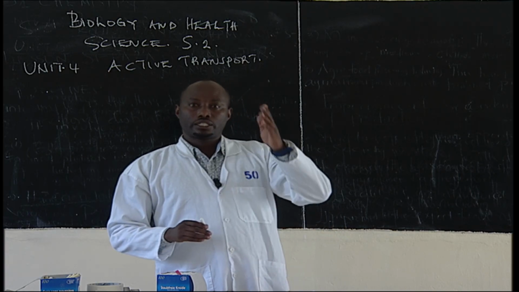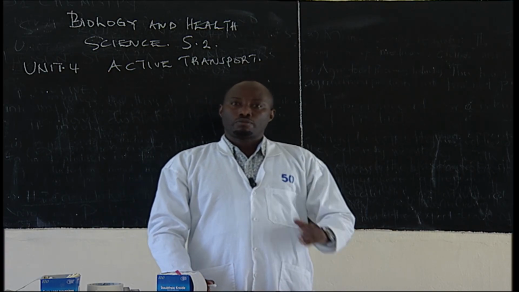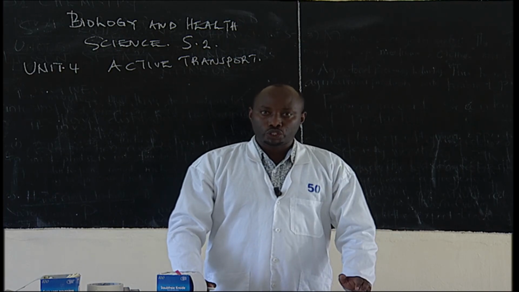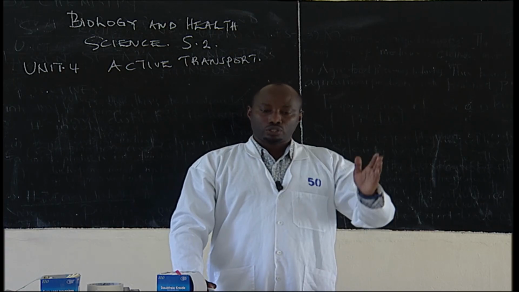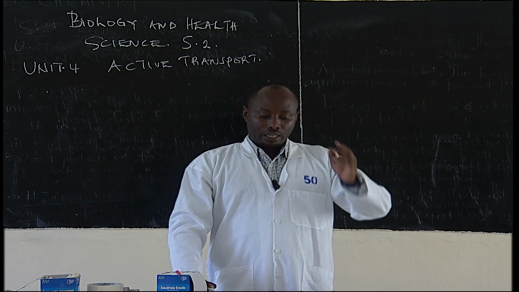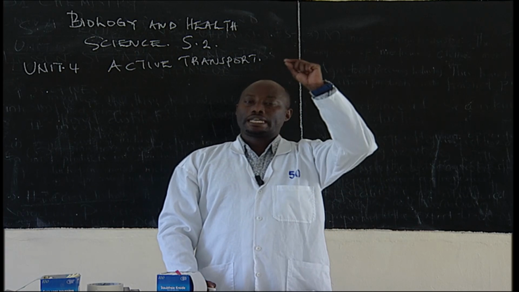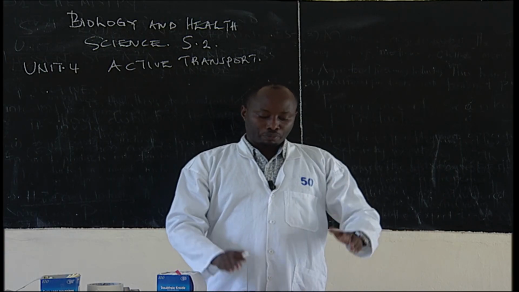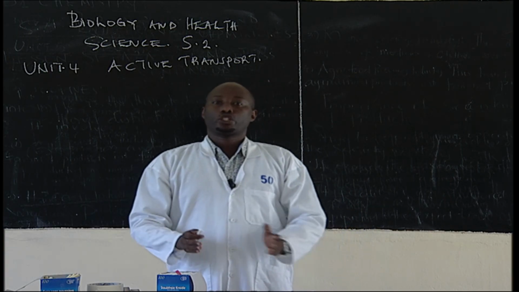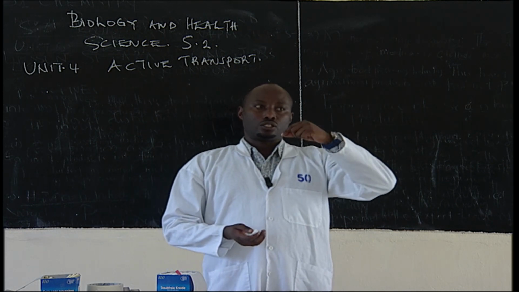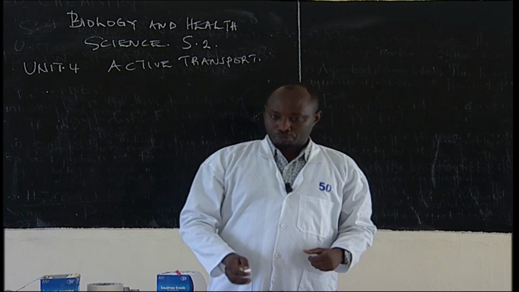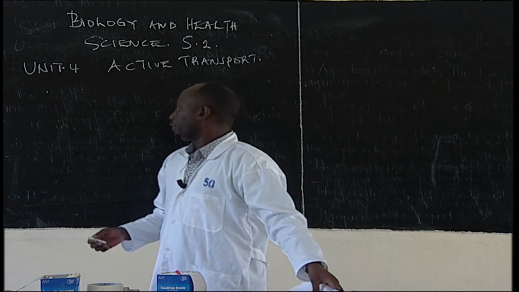We can say active transport is the movement of ions or molecules from a low concentration to a higher concentration, against the concentration gradient or across the plasma membrane, with the utilization of energy. That is to say, it is uphill transport. This is the definition of active transport.